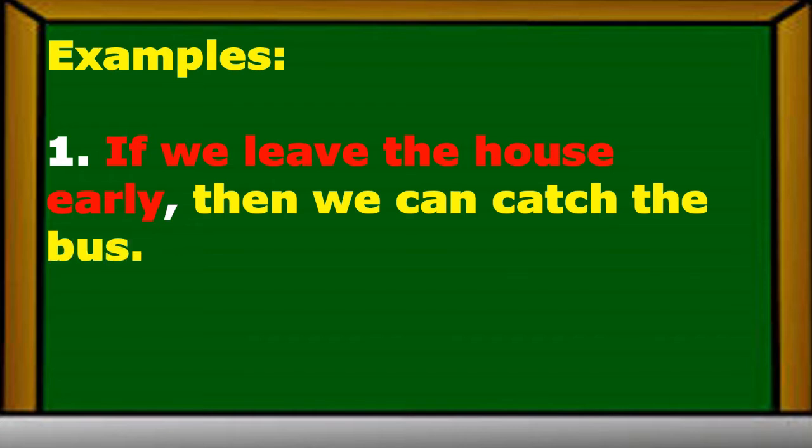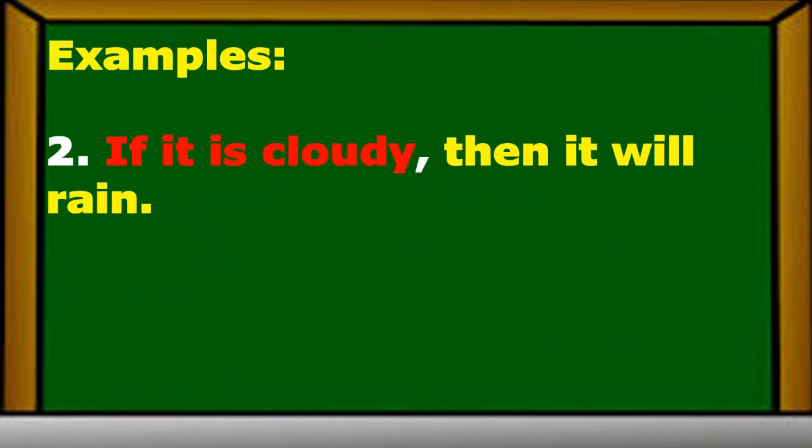Let us consider the following series of examples for us to understand better what a conditional statement means. Our first example is, if we leave the house early, then we can catch the bus. Another example. If it is cloudy, then it will rain.